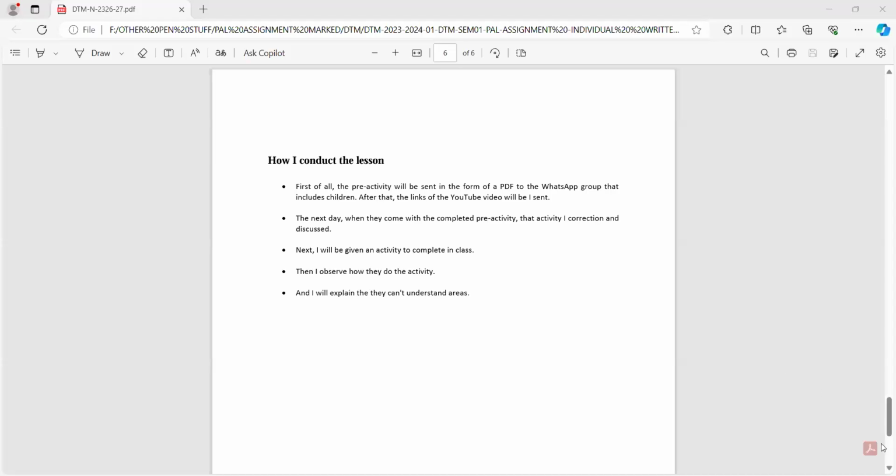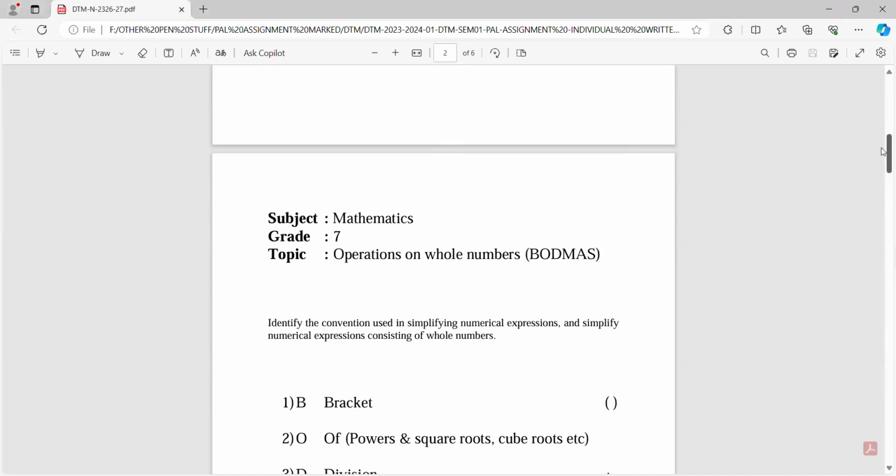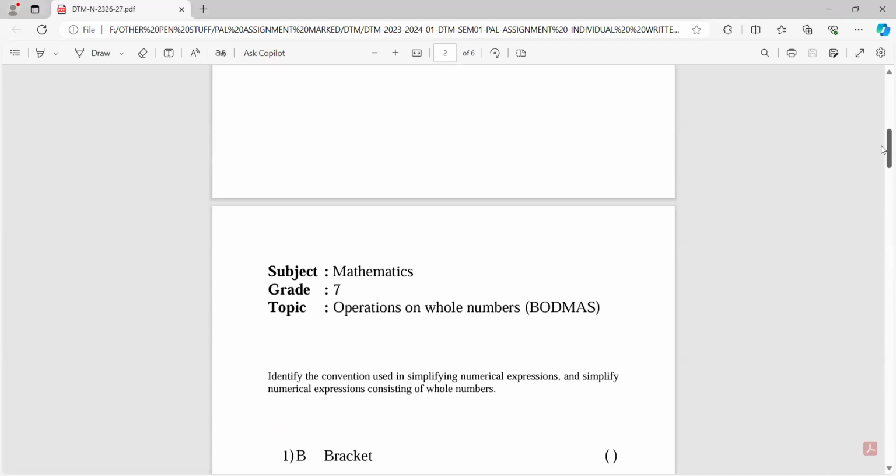Let's see, open this. Right, I have to share it with you and see whether this is proper. Yeah, this is the one. So you can see it's student work, so it's not perfect. She's going to teach mathematics for grade 7. Can you see what I'm sharing?